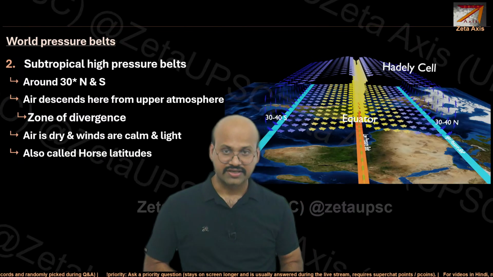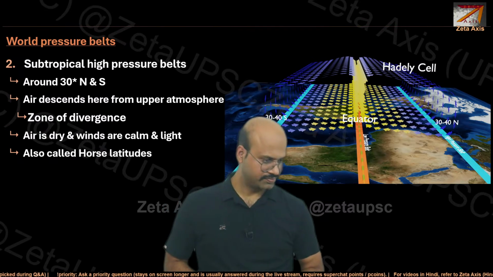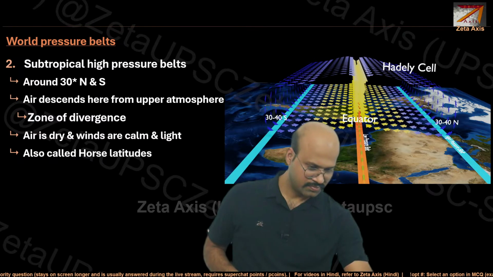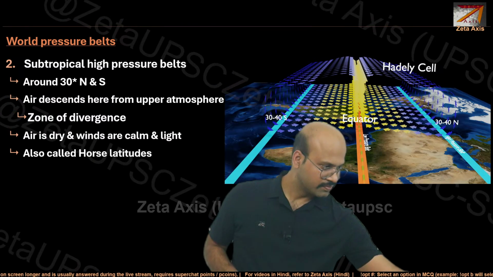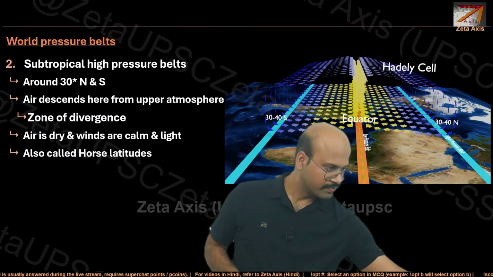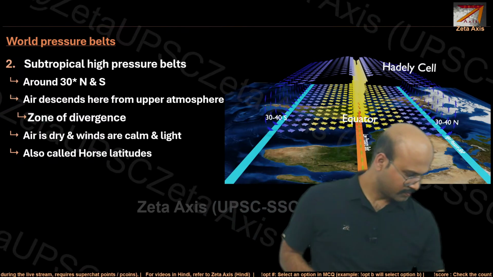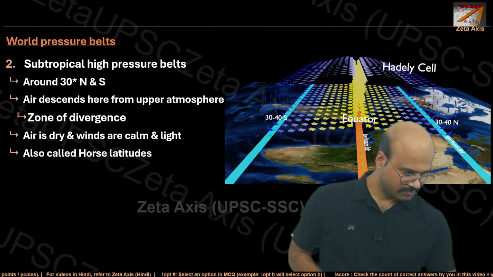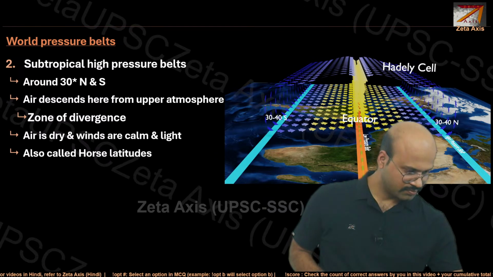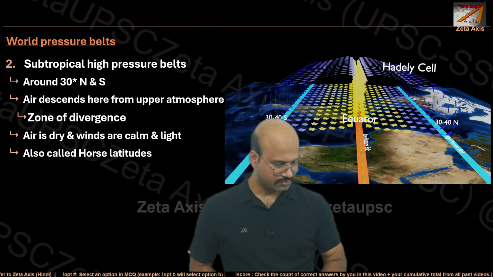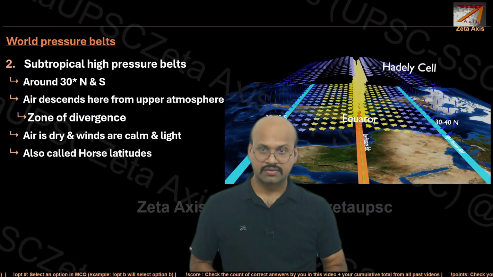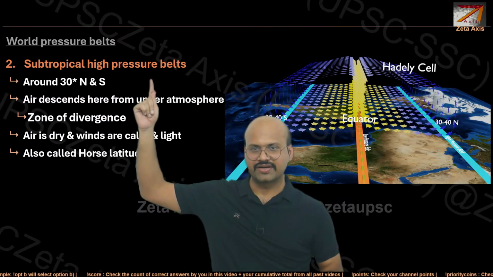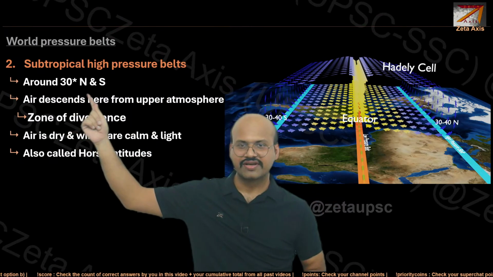If you see the characteristics of the subtropical high pressure belt, then it is around 30° north and 30° south.